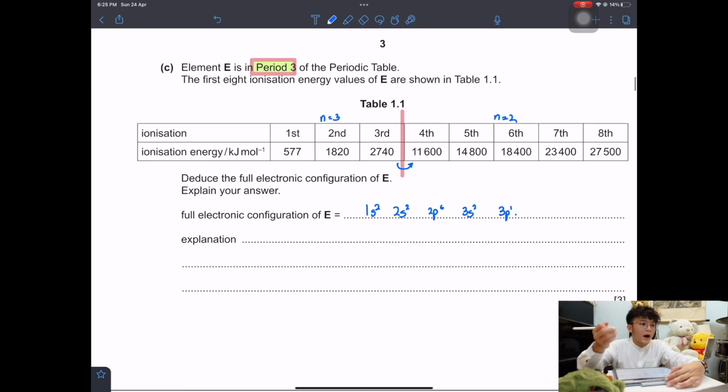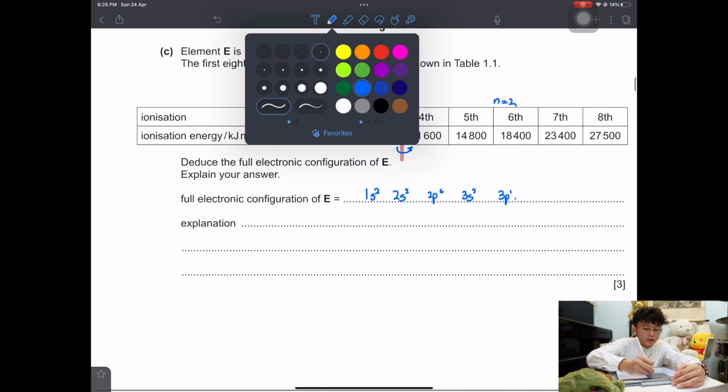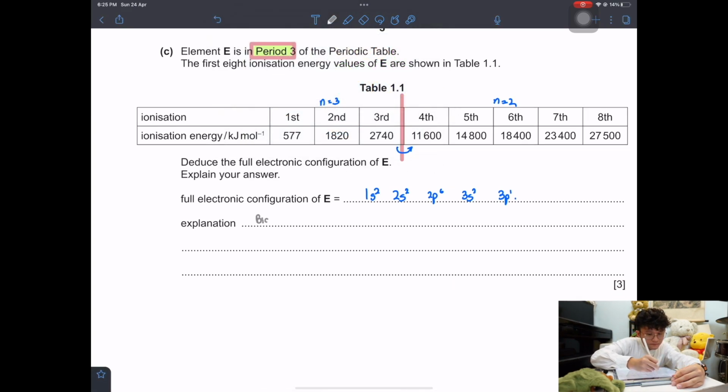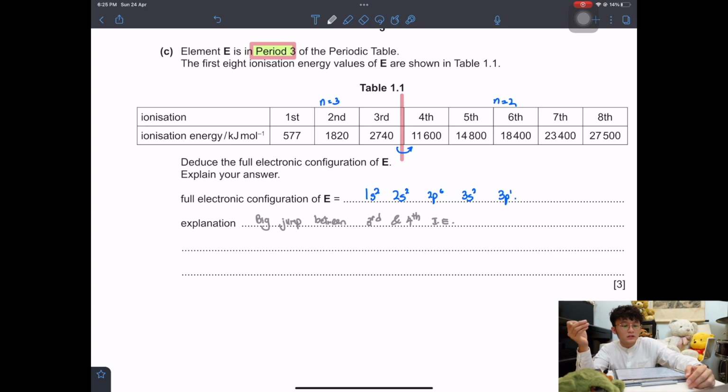Correct? Why is it so? Because that is a big jump between your third and fourth IE. What does it indicate?